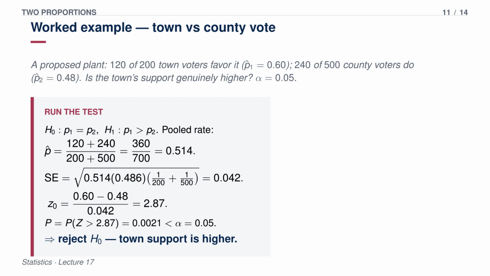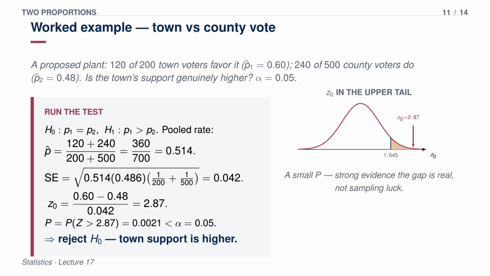So z-naught is the 12-point gap, 0.12 over 0.042, 2.87, well past 1.645, and the p-value, the tail past 2.87, is 0.0021. And the arrow lands solidly in the gold tail. Reject H-naught. The town support really is higher than a county's. A p-value of 2 in 1,000 says not sampling luck.